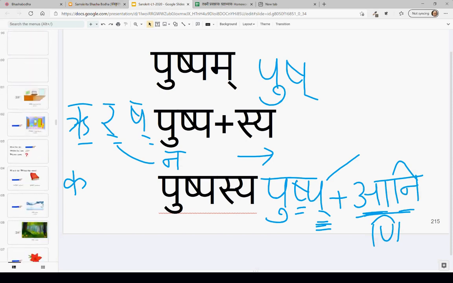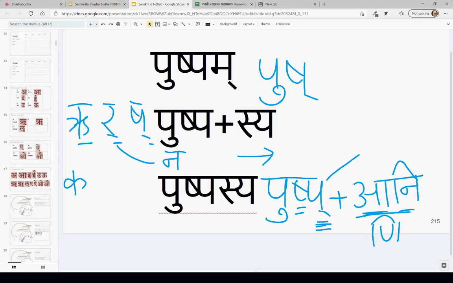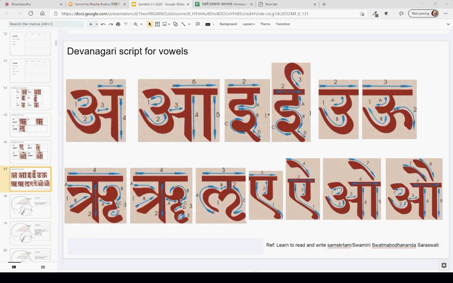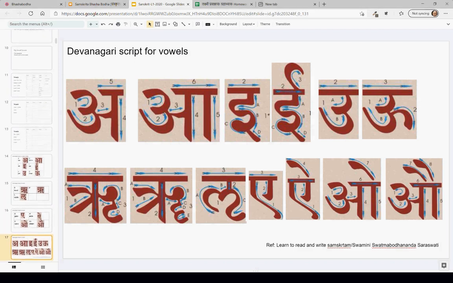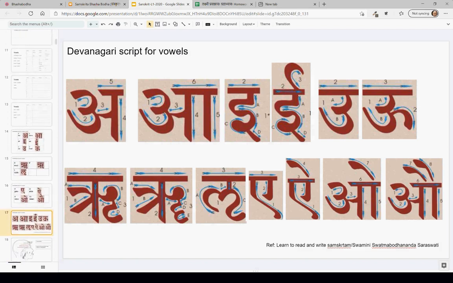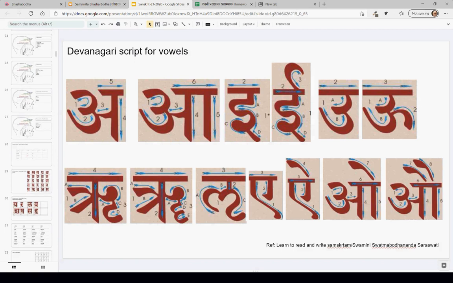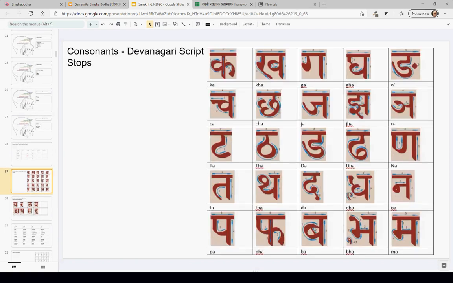No, one should always remember the chart of letters, right? So these are the swaras, these are the vowels. Any vowel coming in between the trigger letter and the na is not going to prevent it. And see here, this is how the consonants are arranged.